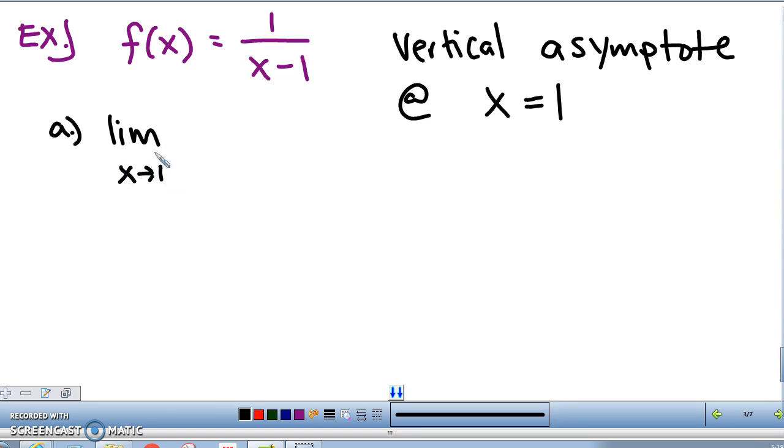So same, we want to ask ourselves, we want to describe the behavior to the left and the right of each vertical asymptote. So let's check it from the left.